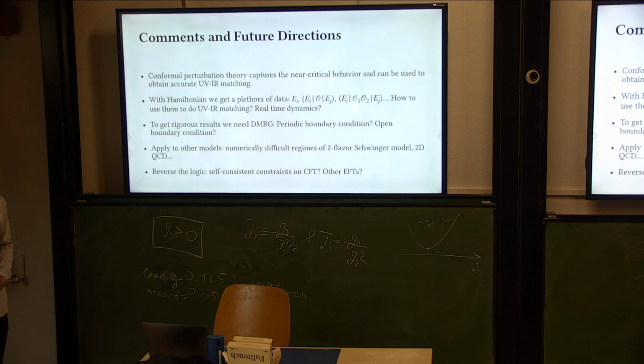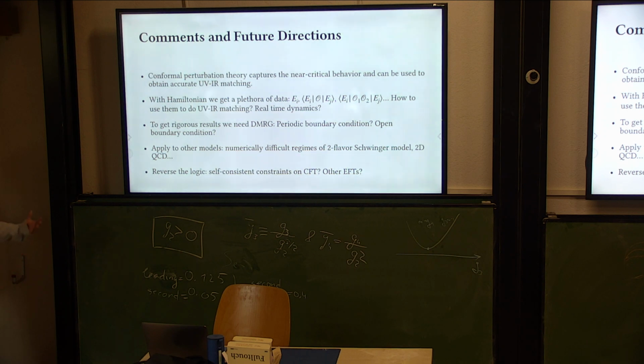And last but not least, maybe one day, if we do the lattice measurement so well, we can reverse the logic. Suppose we're near some critical point, then these data tell us the finite scaling behavior of the CFT with its own perturbation. And the perturbation will suffer from the constraints from the self-consistency of the CFT itself.